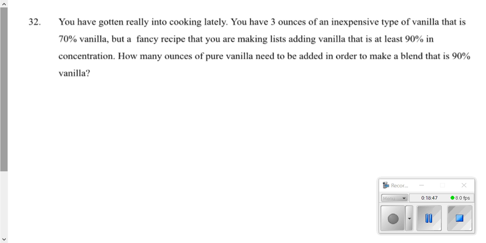So how many ounces of pure vanilla? You have to go buy some pure vanilla. How many ounces of pure vanilla do you need to add in order to make a blend that is 90%? So you might do this, right? It's the fancy vanilla, you're going to mix it with cheap vanilla, get a decent kind of vanilla without having to waste all of your pure vanilla. That's the thinking anyway. All right, so how do we set this up?